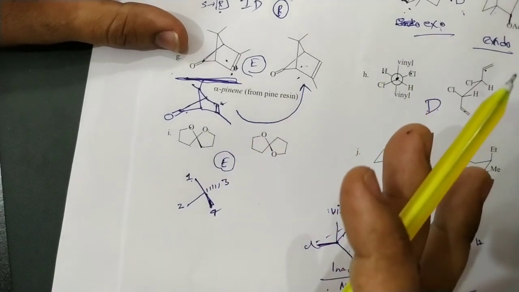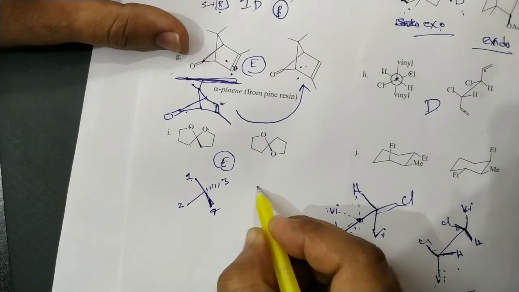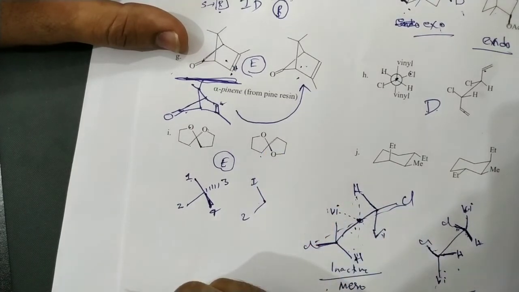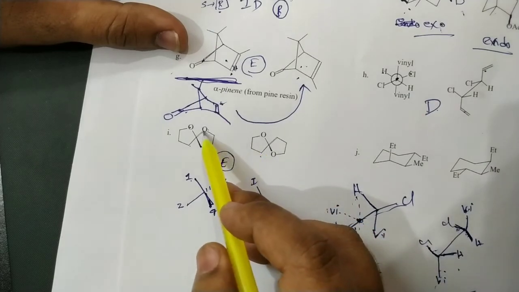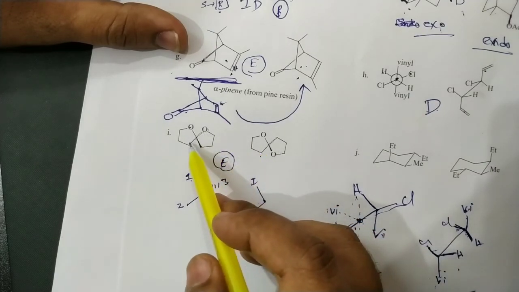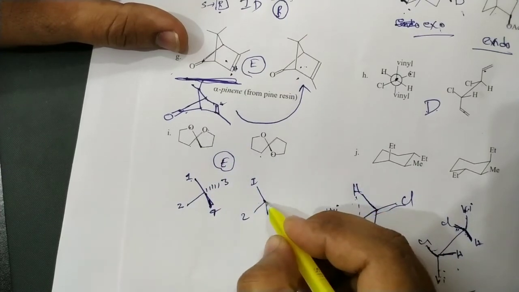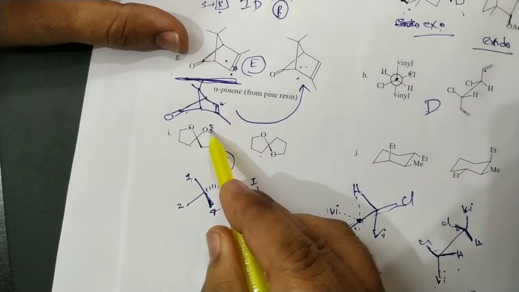Just numbering, it's not a priority, be careful. Here again first group, second group. Now in this case, this oxygen group is below the plane. Here this oxygen group is above the plane. That means here for this one, 3.